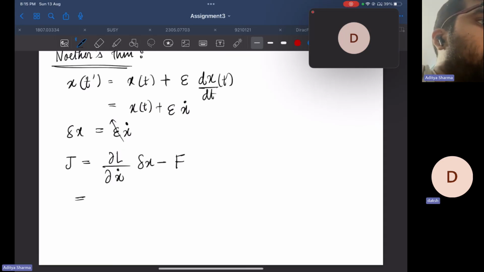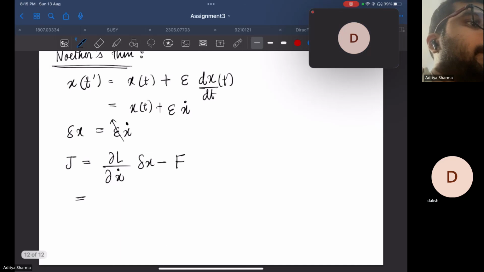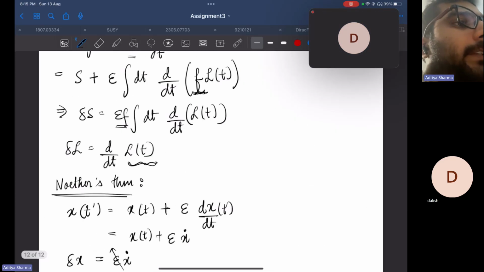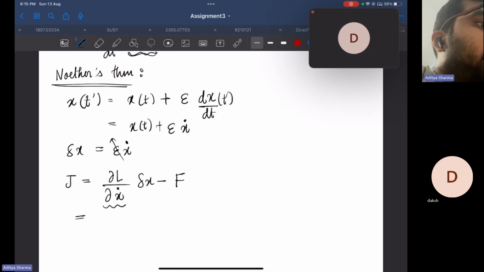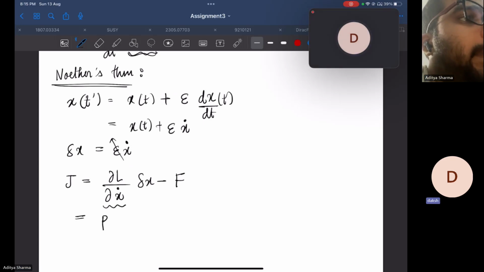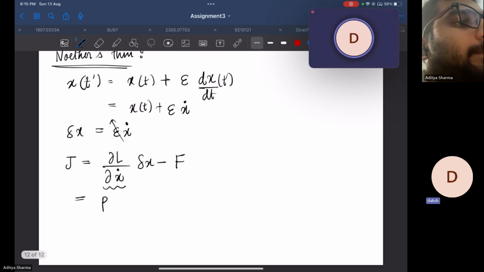So in our case, dou L by dou x dot is by definition p, right? And delta x is x dot.